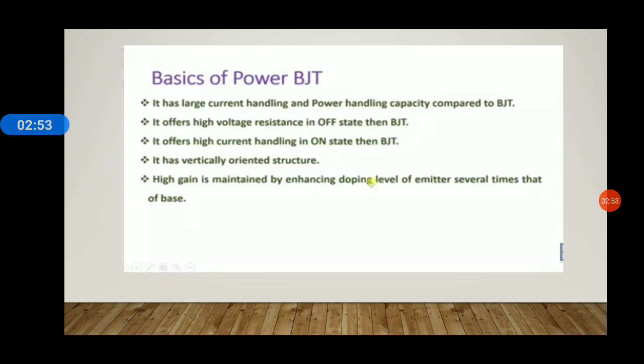Now, the last point is high gain is to be maintained by enhancing the doping level of the emitter several times than that of the base. How the change in the doping level of the emitter helps in power BJT, we will understand when we realize the structure of a power BJT.